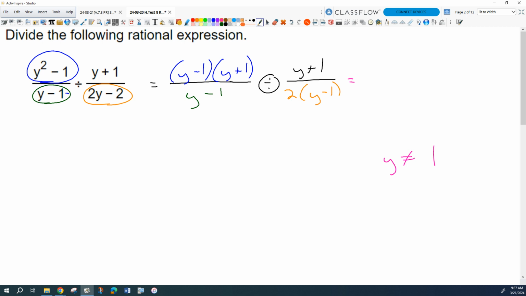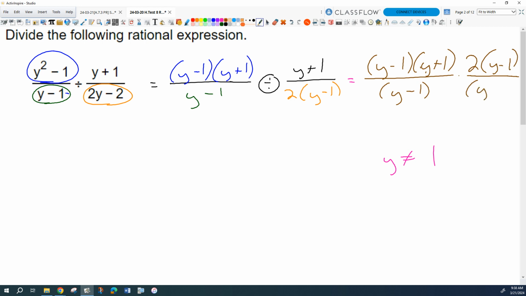And then what's that going to give me? Okay, so the first fraction stays the same. I'm going to put parentheses around this because we're going to be multiplying. And I'm going to multiply by the reciprocal of this one. So that puts the 2y minus 1 on the top and the y plus 1 on the bottom.